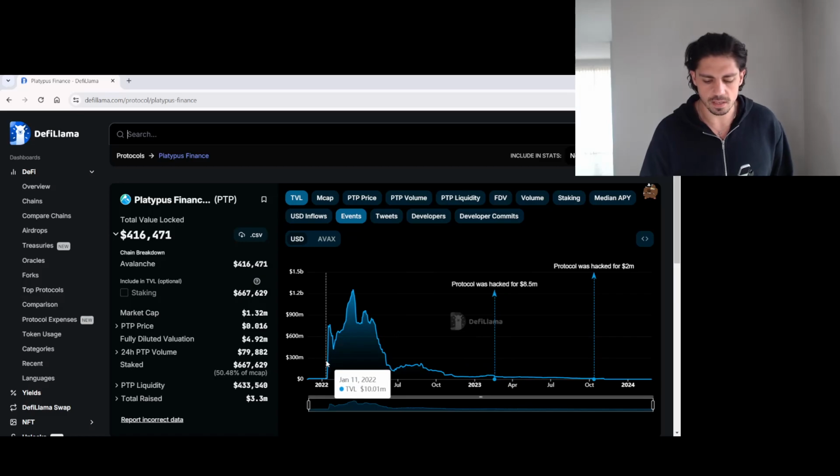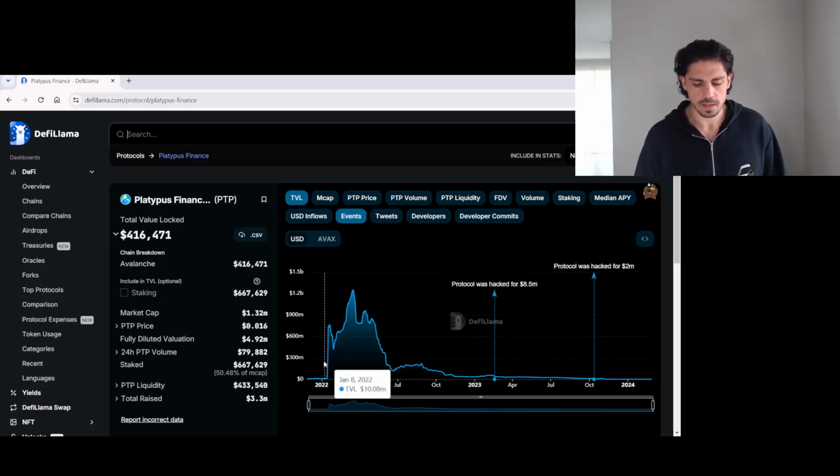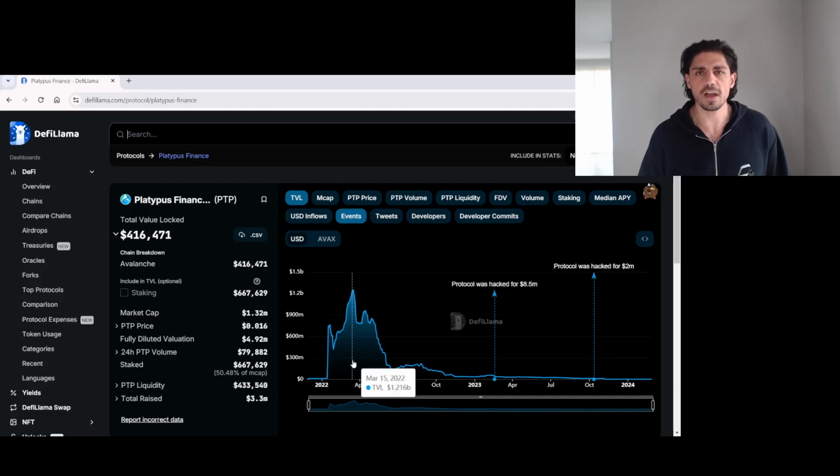But you can see that their platform started in late November 2021, and in just a few months they were able to get to well over a billion in total value locked. I believe this platform actually broke the record for fastest to a billion in total value locked.